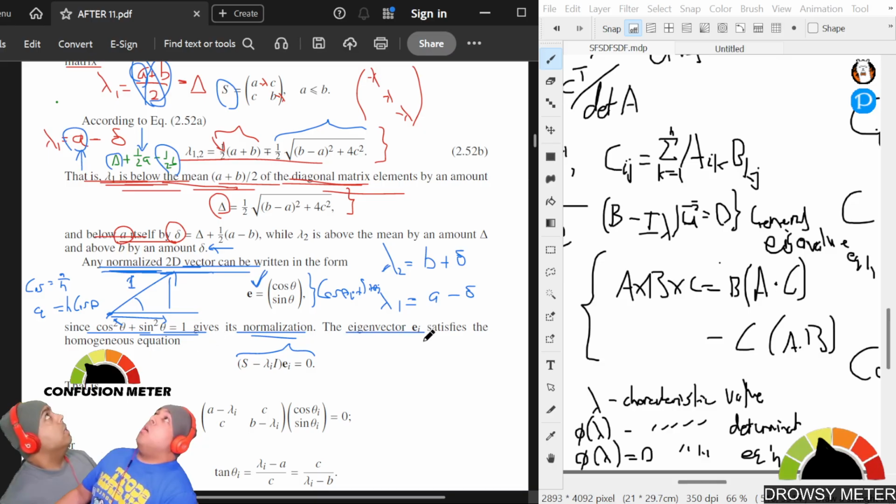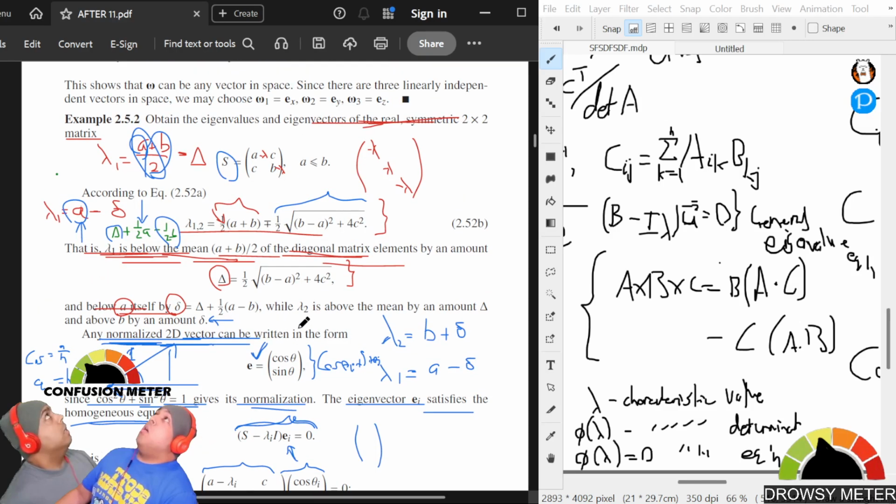The eigenvector E_i satisfies the homogeneous equation: S minus lambda I. Yeah, that is A minus lambda I, C, multiplied by this equals 0. Okay, they just wanted a way to make this into like a column vector. Fair, I guess, fair.